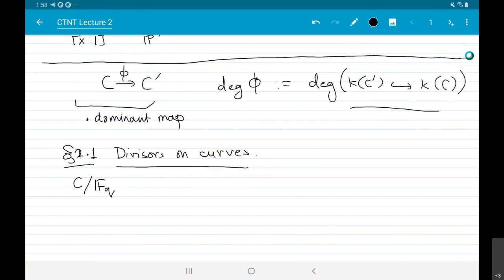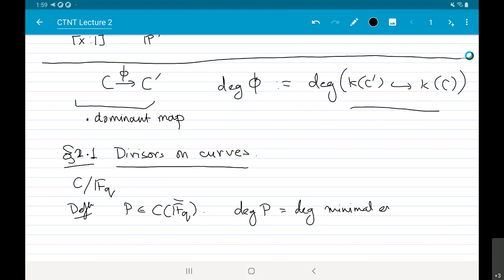Okay, great. So let's say you have a point in C(F_q-bar). We will define the degree of a point to be the degree of the minimal extension of F_q over which this point P is defined.